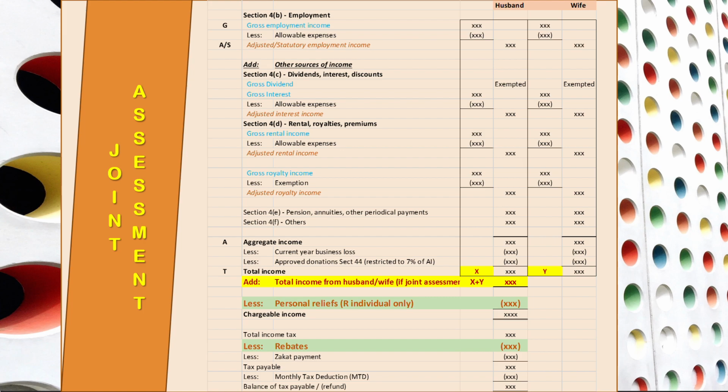So that is with regard to personal relief. Later on, you have one total income for both, minus whatever personal relief you are entitled to claim under joint assessment. There are some differences when you claim your relief, and therefore you derive your chargeable income.